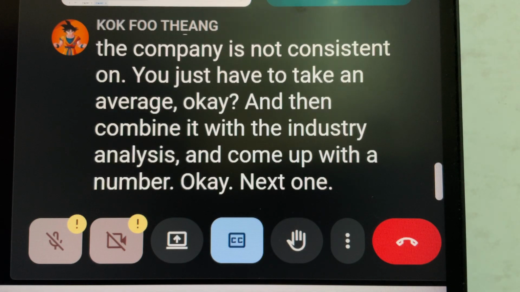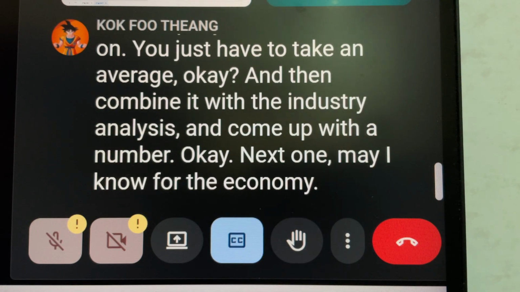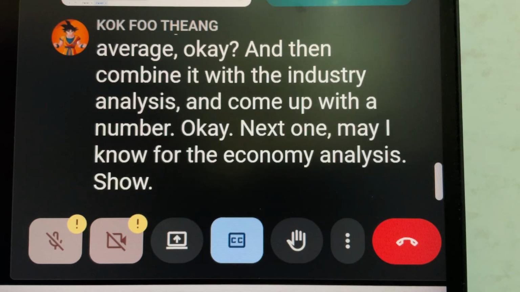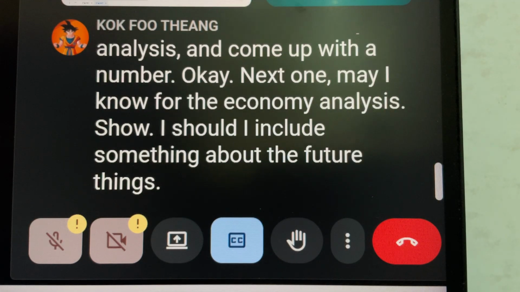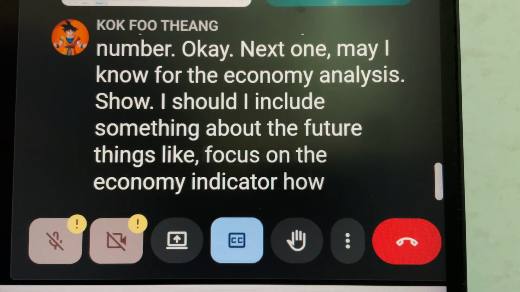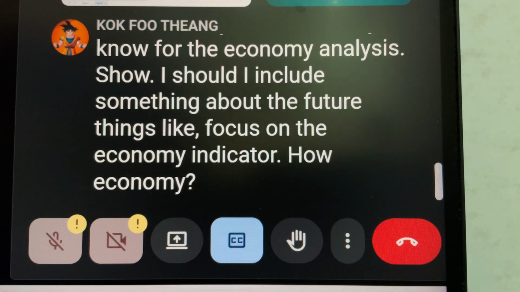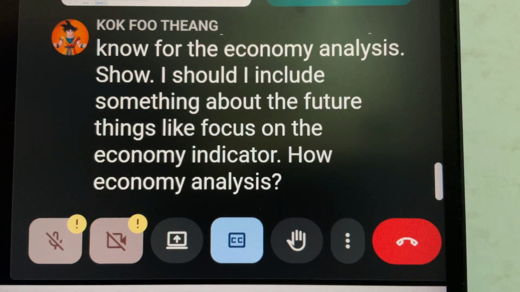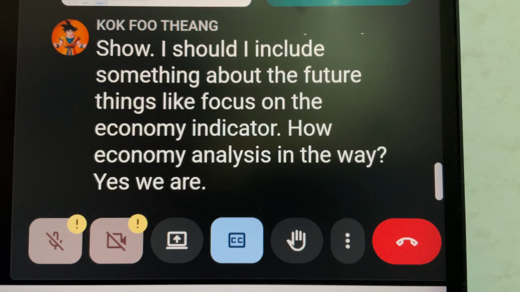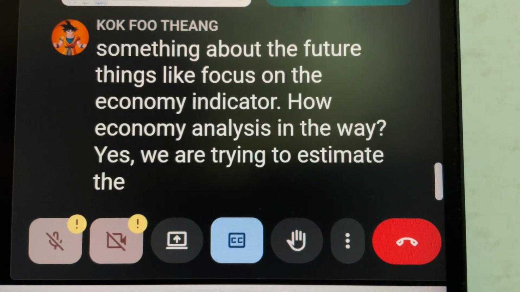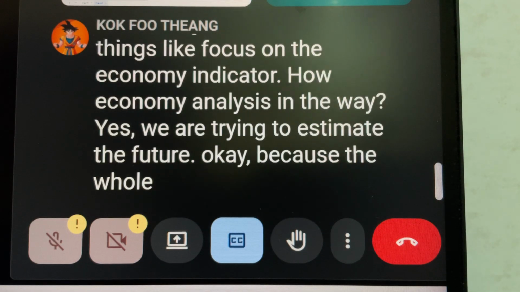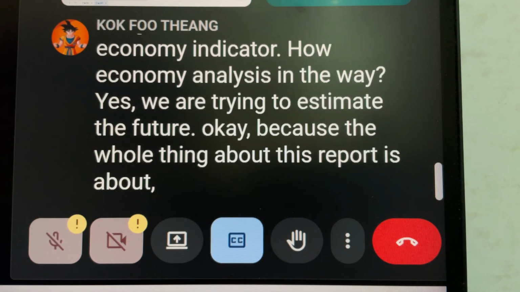Next one, may I know for the economic analysis, should I include something about the future, like a forecast of the economic indicators? Economic analysis, in a way, yes, we are trying to estimate the future, because the whole thing about this report is about predicting the stock price.